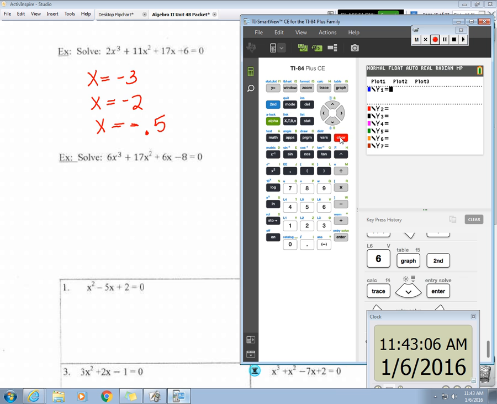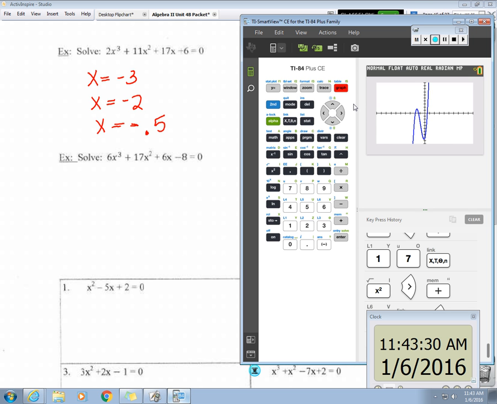Y equals 6x cubed plus 17x squared plus 6x minus 8.